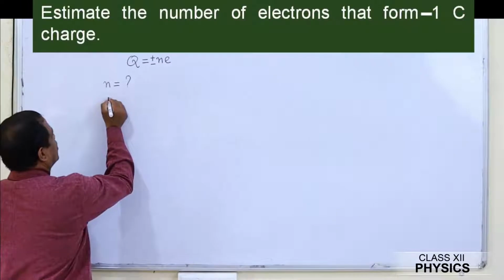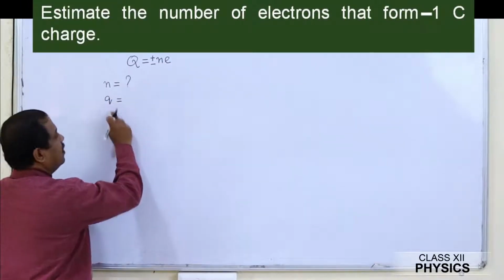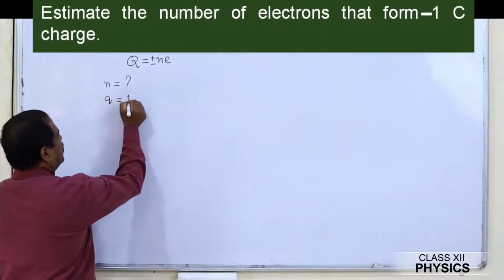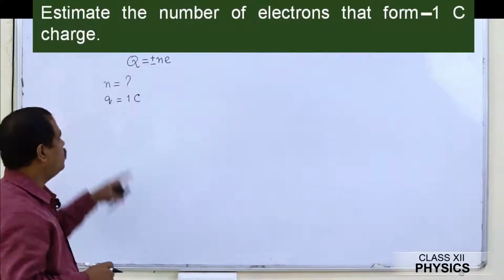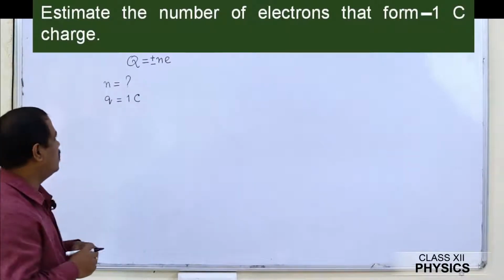The charge on a body is interchangeably represented by letter small q or capital Q. And we say that on a body, the total charge is equal to 1 Coulomb. And we want to estimate the number of electrons required to make 1 Coulomb charge.